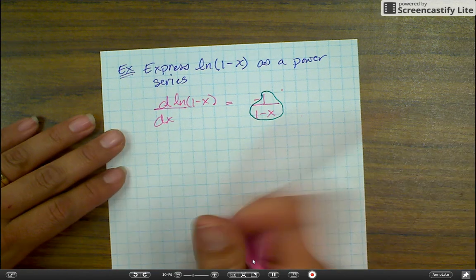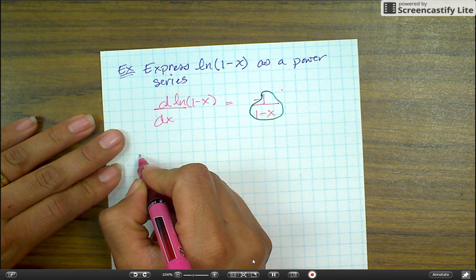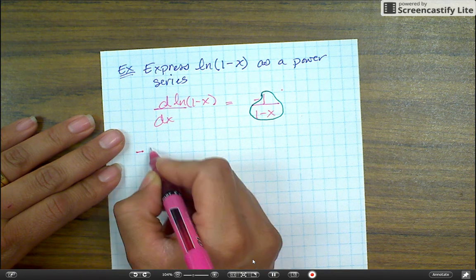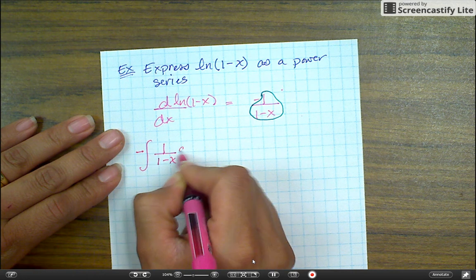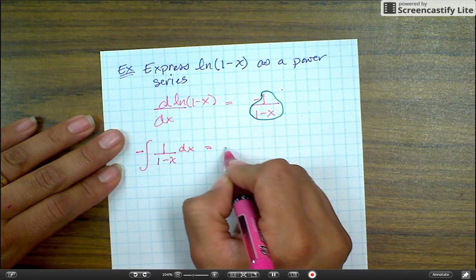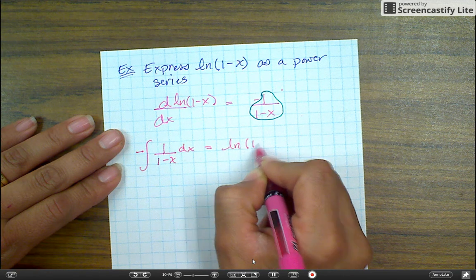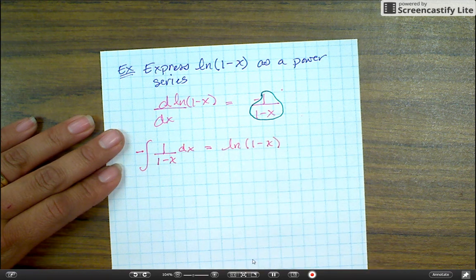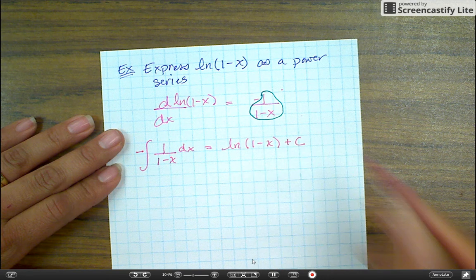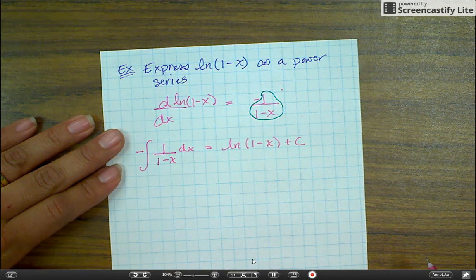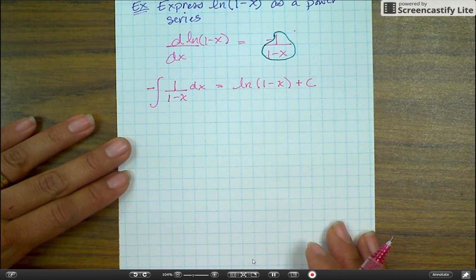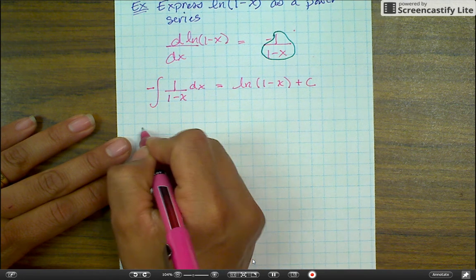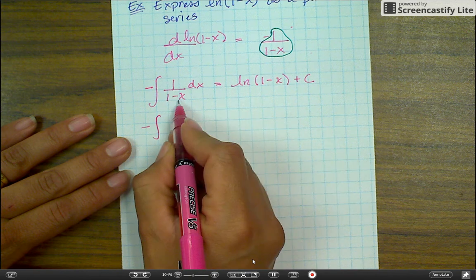So, negative the integral of 1 over 1 minus x dx is the same thing as natural log of 1 minus x, right? Oh, go back. Plus. So this is going to be, we know what this sum is.